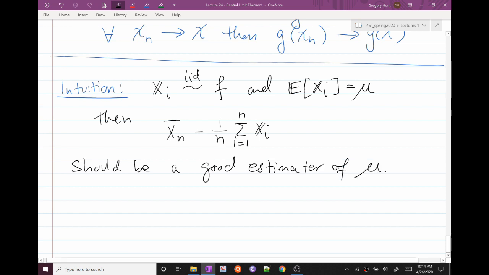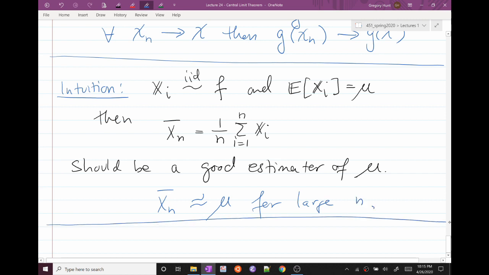Now, if you want to really dive into that question, you should take 452. But the intuition is that x bar, the sample mean, is a good estimator of the mean, mu. And so if I have some data from some distribution, x bar should give me something reasonably close to mu when I have a large enough sample size. So x n bar is approximately mu for large n.